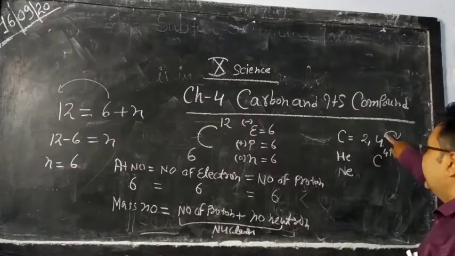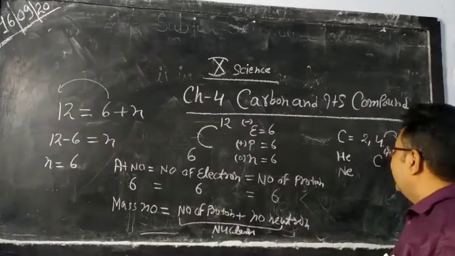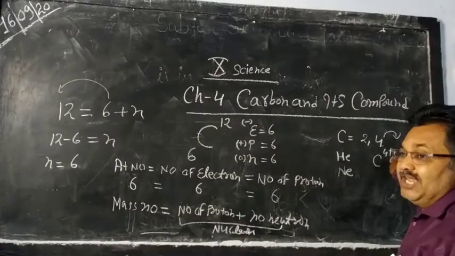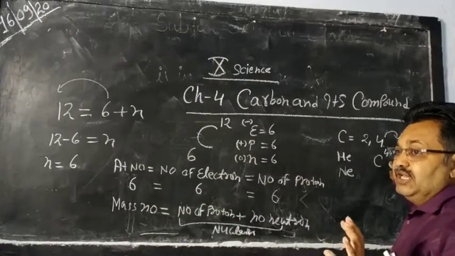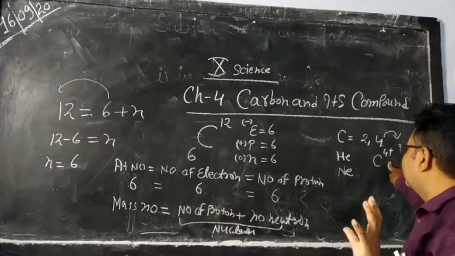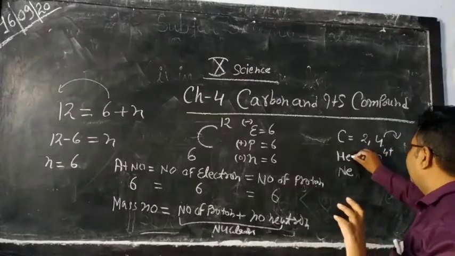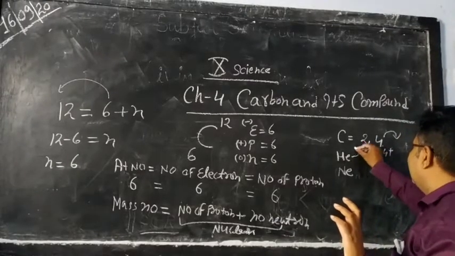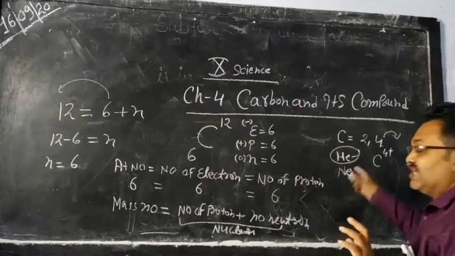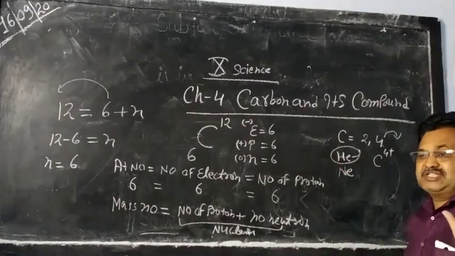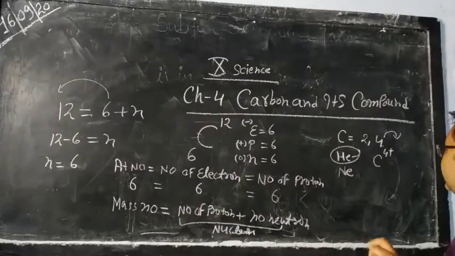It means that it removes its 4 electrons and forms a carbocation. Cation means it has a positive charge, and it attains the configuration just like helium.